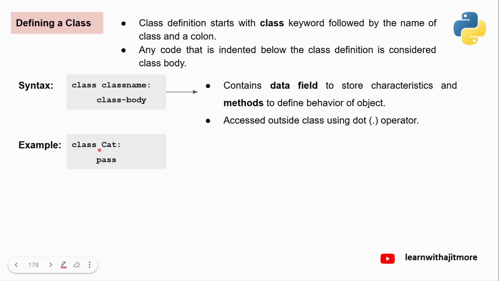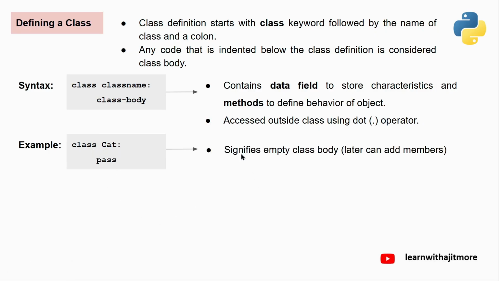So in Python, it is allowed to first create an empty class and then create objects of it, and then you can add data and methods in it. So I'm creating just an empty class cat and pass signifies an empty class body.